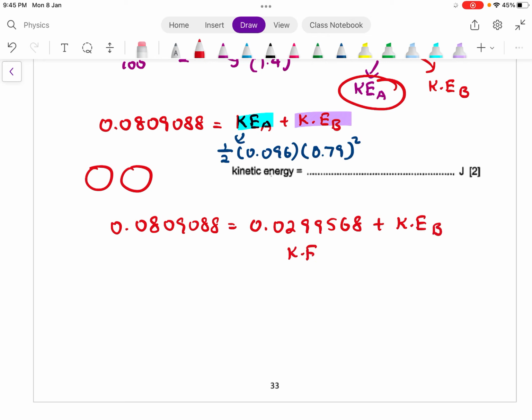So the kinetic energy of B will be equal to 0.0809088 minus 0.0299568. So roughly your kinetic energy will be 0.050952, or you can round off to 0.0510 joules. So that will be the kinetic energy of B after collision.